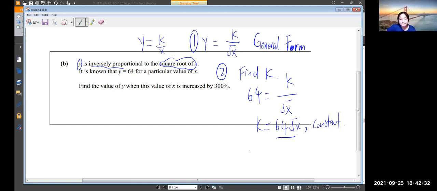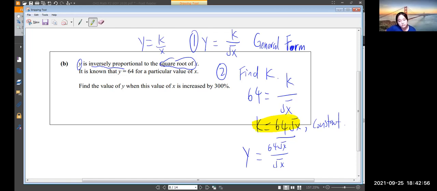Now I put it back in. So 64 equals to 64 square root x over square root x. In fact, this is y, because you found your k already.